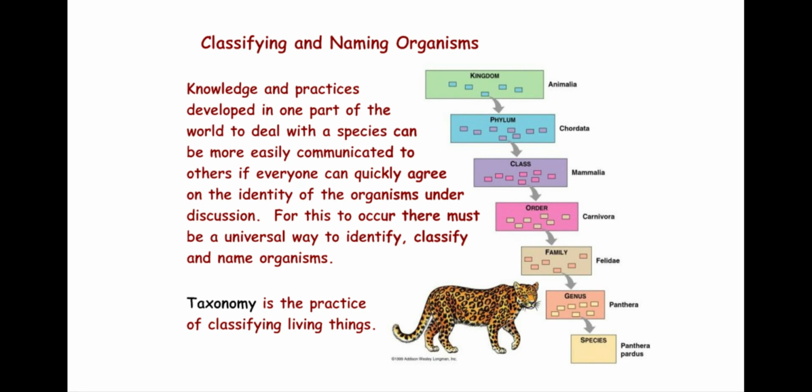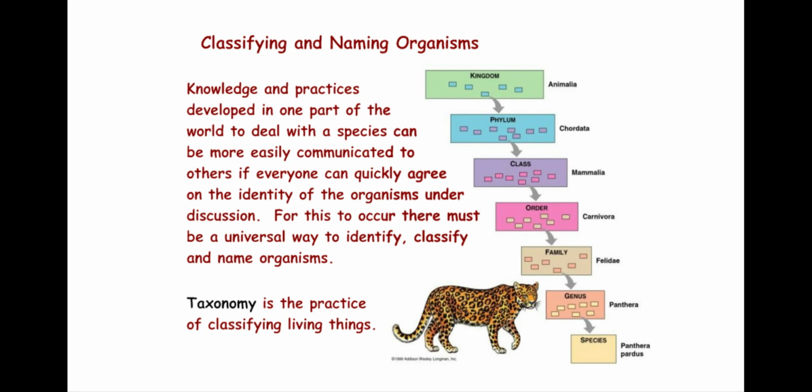Okay, so in order for this to occur, we had to design a universal way to identify and classify. When we identify and classify using a scientific name, we call this taxonomy, the practice of classifying living things. So you can see along the side there, I have a generalized version of it: kingdom, phylum, class, order, family, genus, species.